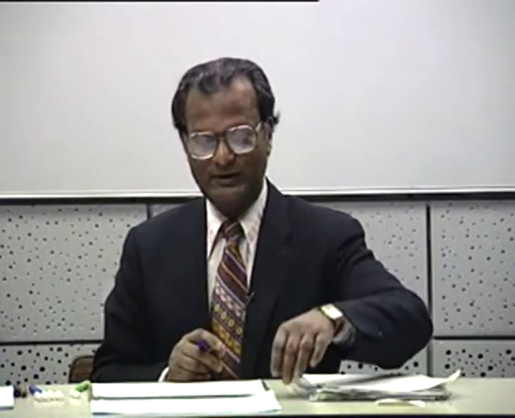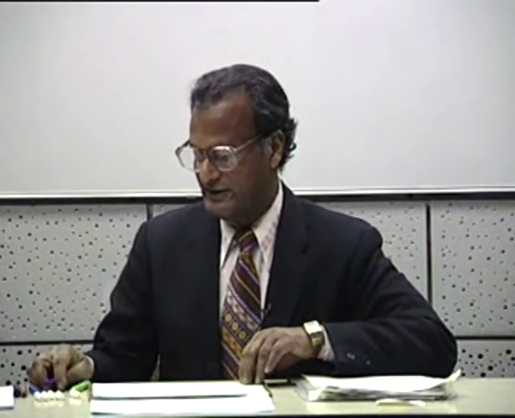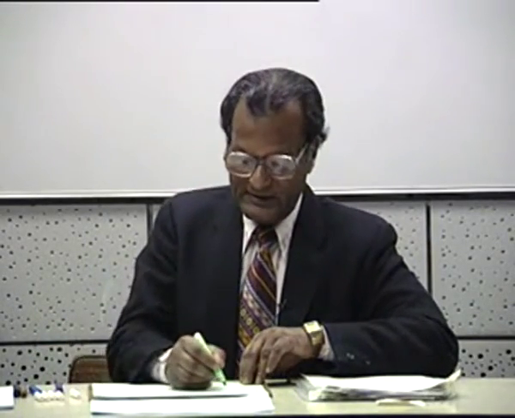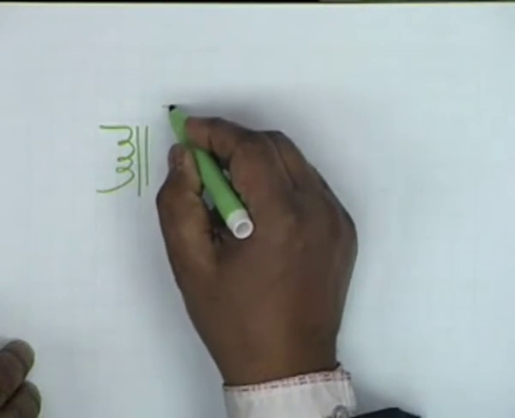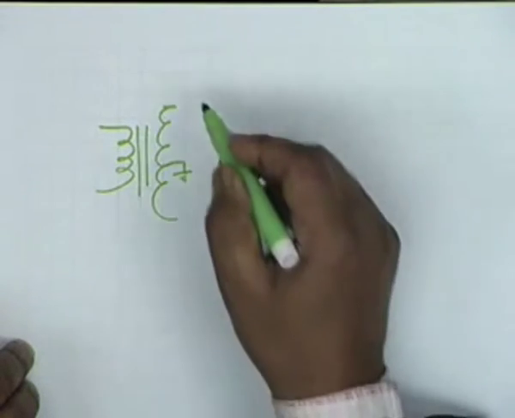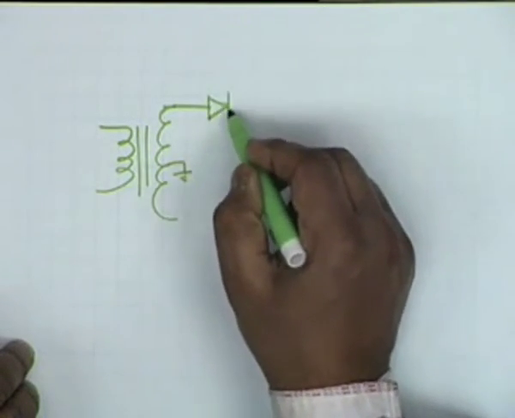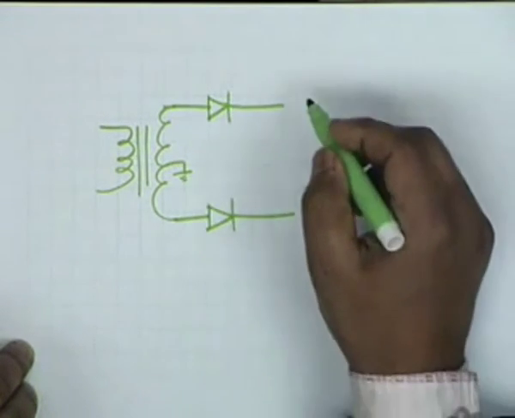This is fine. Let's see one of the practical applications of a filter. You recall our full wave rectifier circuit: it had a center tapped transformer and 2 diodes like this.